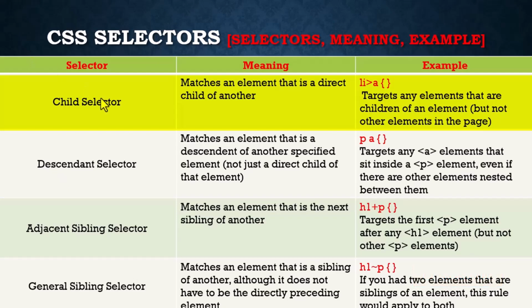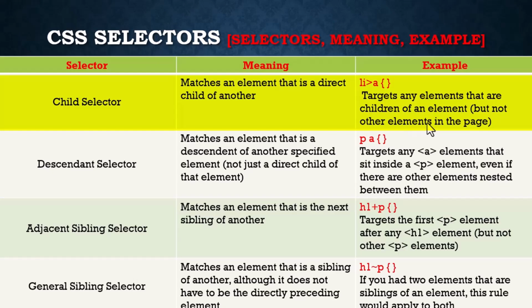But in this child selector, it matches an element that is a direct child of another. For instance, in this case, there is a list, and inside the list there is an anchor, that is a link. This targets any element that is a child of an element, but not other elements in the page.